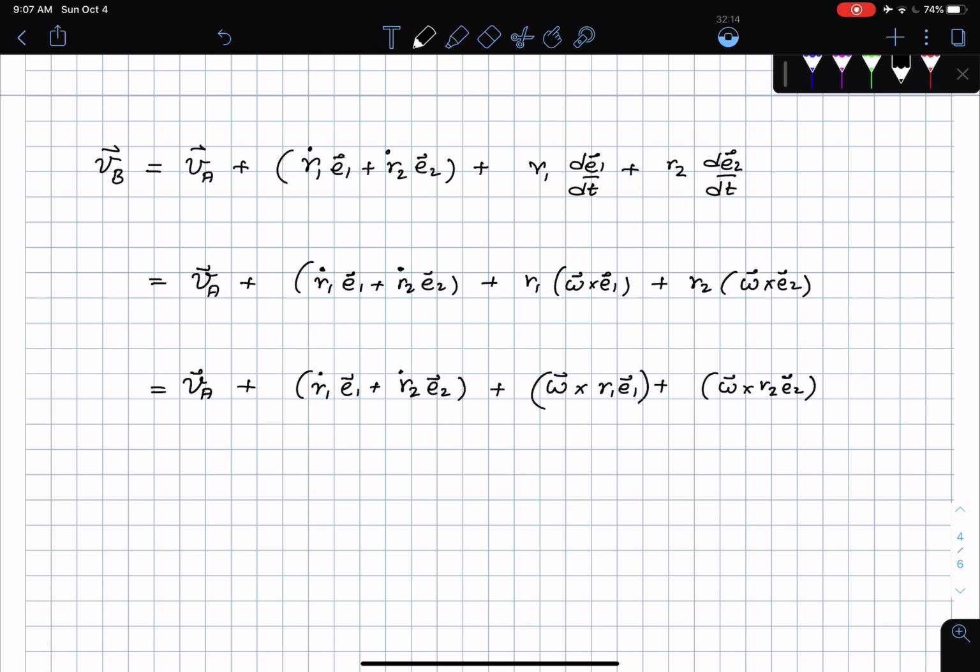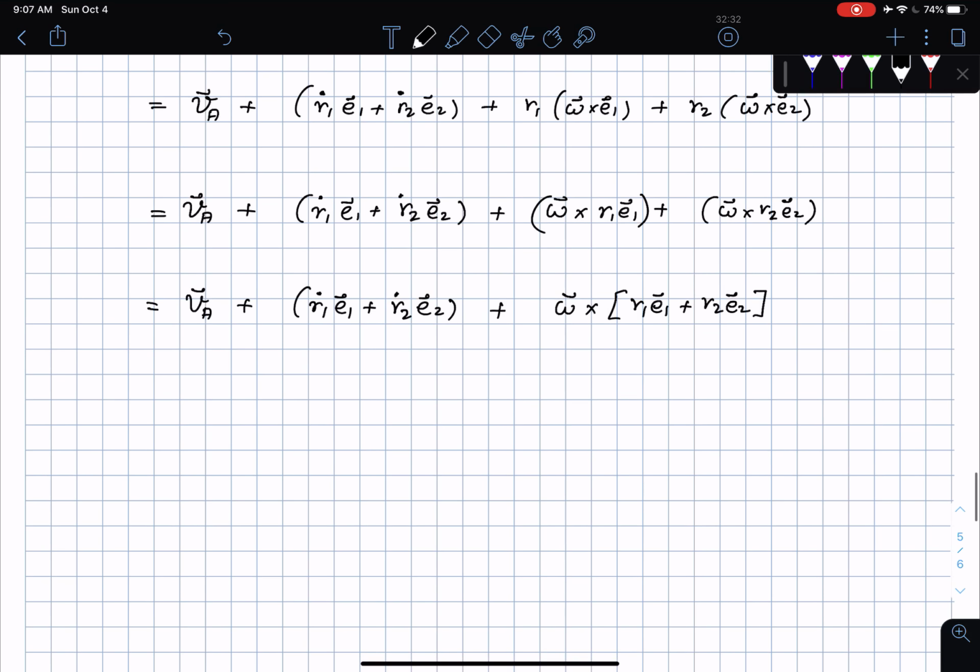A cross B plus A cross C is A cross B plus C. So this is VA plus R1 dot E1, R2 dot E2 plus omega cross R1 E1, R2 E2. But what do you know? R1 E1, R2 E2 is nothing but R B slash A.